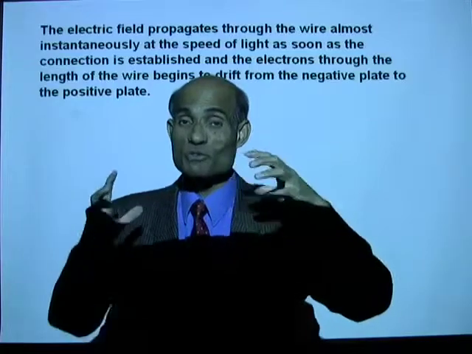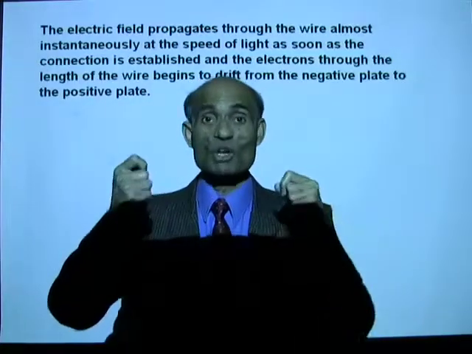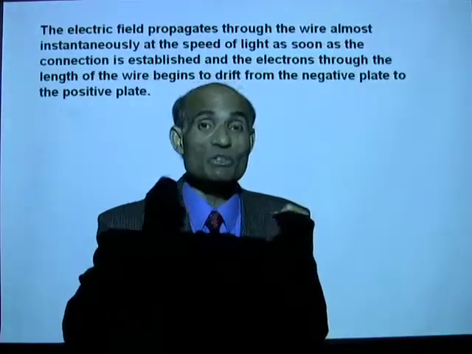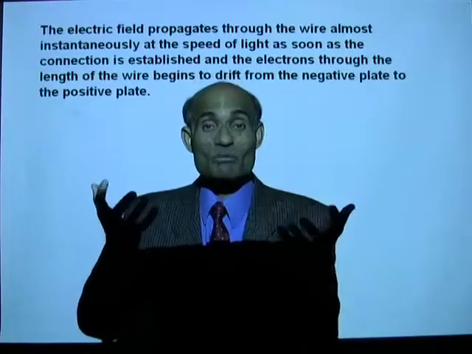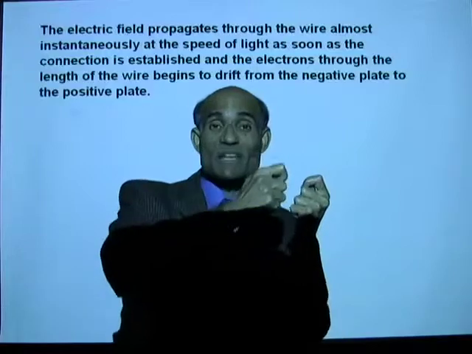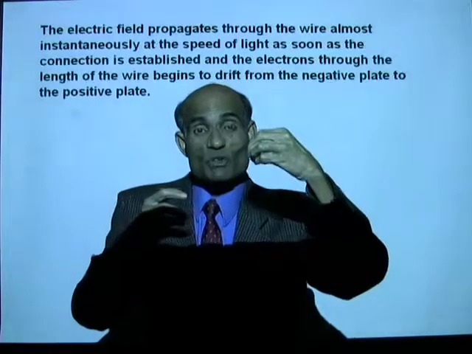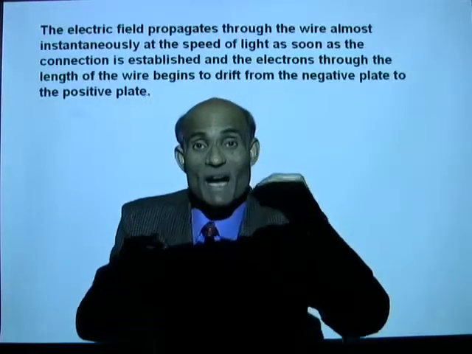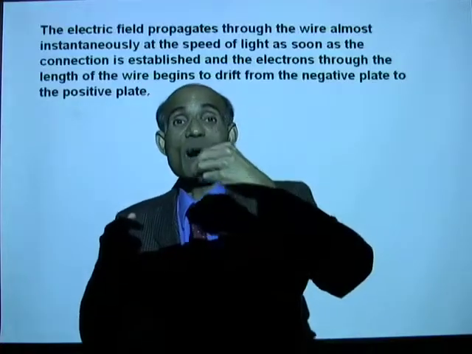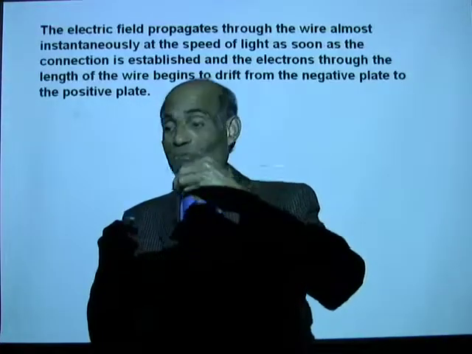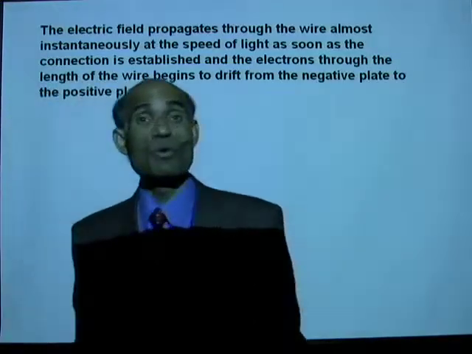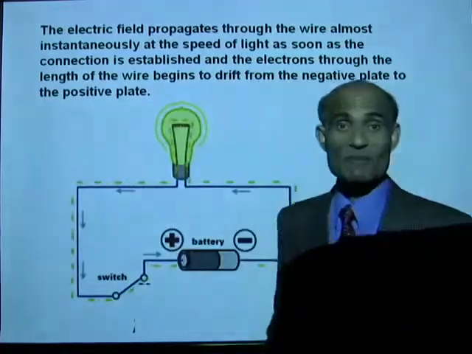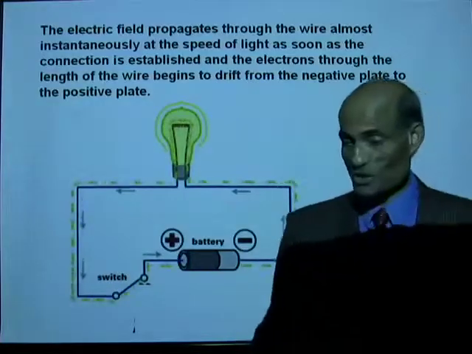Now don't confuse the speed of electrons with the speed of the electric field. The electric field is propagated with the speed of light. It's almost instantaneous, and the electrons will then experience the force and will then drift in the opposite direction of the electric field. Now the electrons do not really move very fast. Now here I have an illustration of that concept.